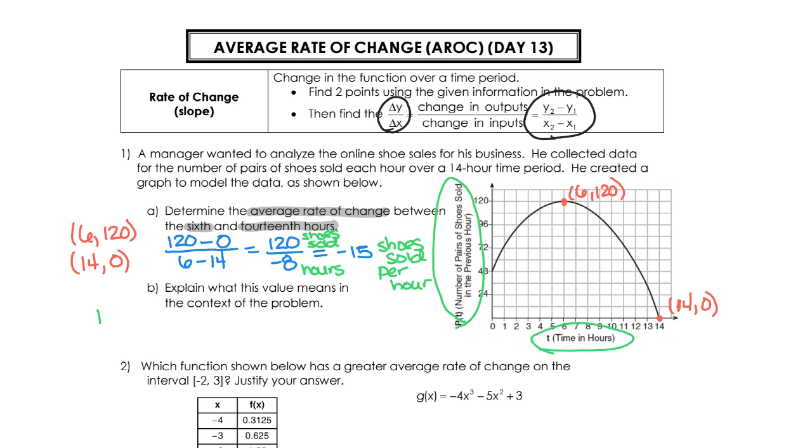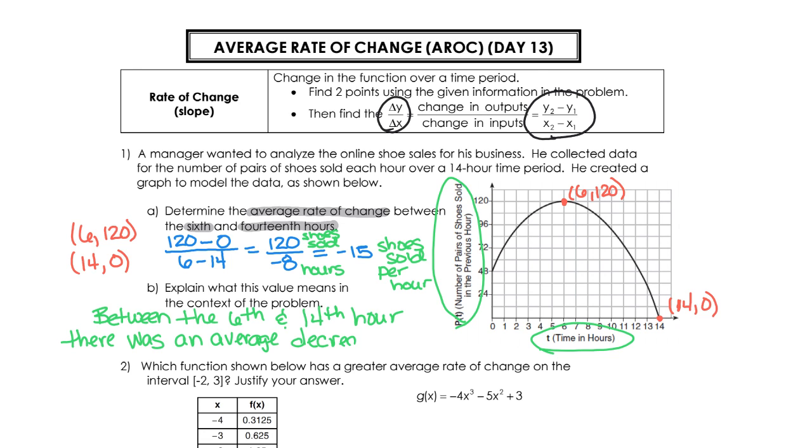So we'll go ahead and say: between the 6th and 14th hour, there was an average decrease of 15 shoes sold per hour.